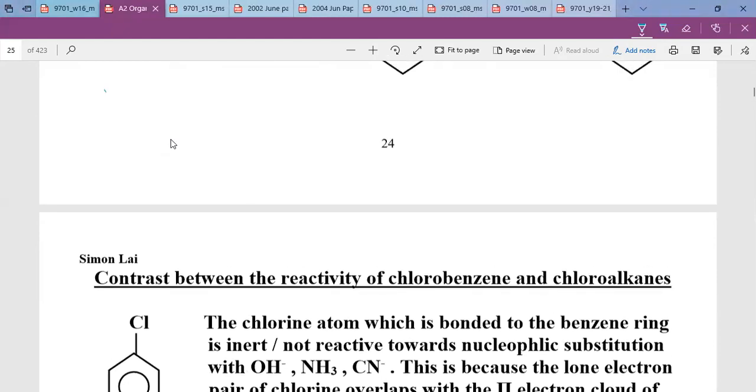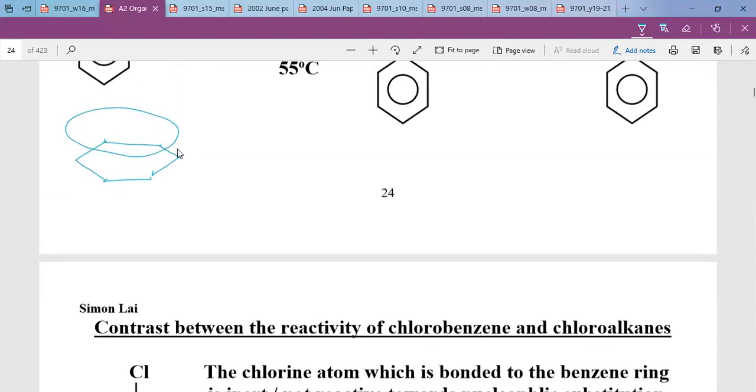Okay. Now benzene is a flat molecule, with the pi electron cloud on top here and bottom here. Here's your hydrogen, hydrogen, hydrogen, hydrogen, hydrogen.